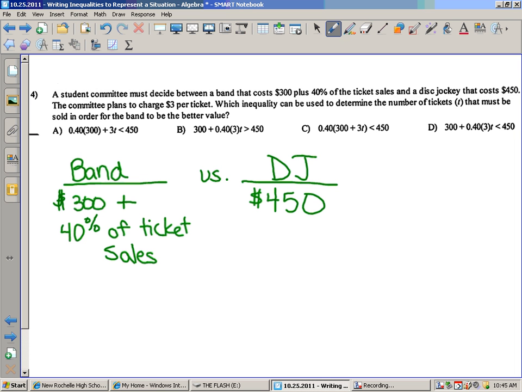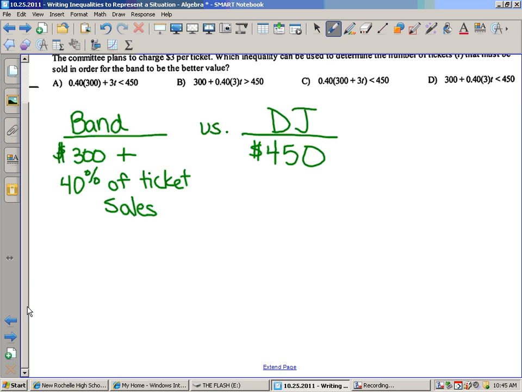Weirdly enough, the DJ is going to end up being cheaper because the band's going to take 40% of the ticket sales. The committee plans to charge $3 a ticket. Do you know how many tickets we're going to sell? No. Okay, so let T equal the number of tickets.